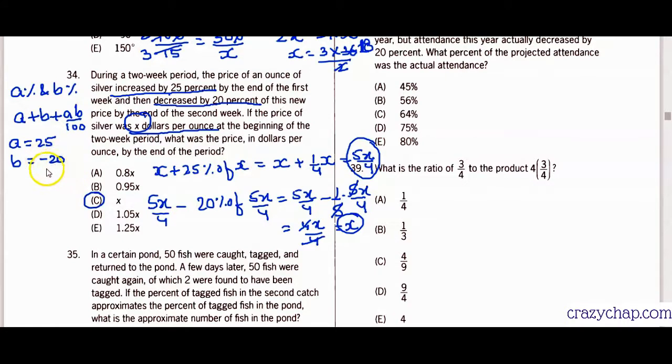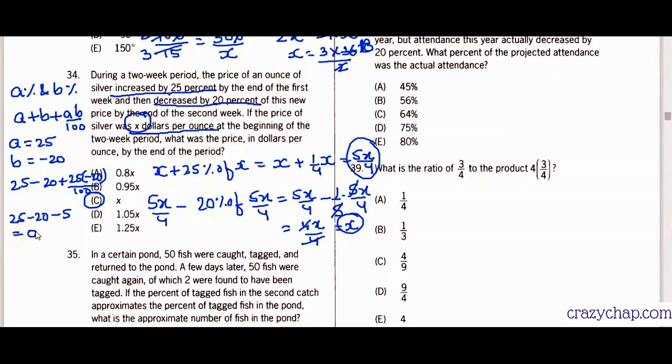So basically I am calculating the single percentage change. So I will be using this formula: 25 minus 20 plus 25 times minus 20 divided by 100, right? So when we calculate that, we get 25 minus 20 minus 5, which is 0.